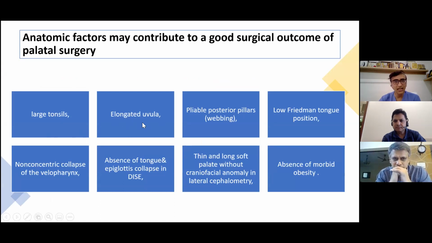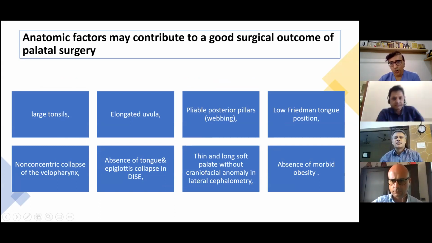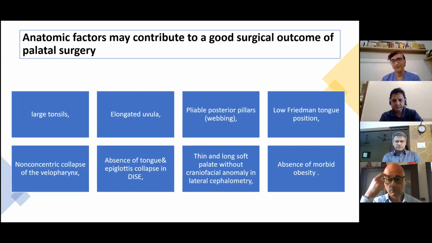You have an elongated uvula, you have a winner. You have webbing, pliable posterior pillars, you have a good case. Low Friedman tonsil stage, tongue position, you have a good case. Non-concentric collapse at the velar pharynx, you have a good case.